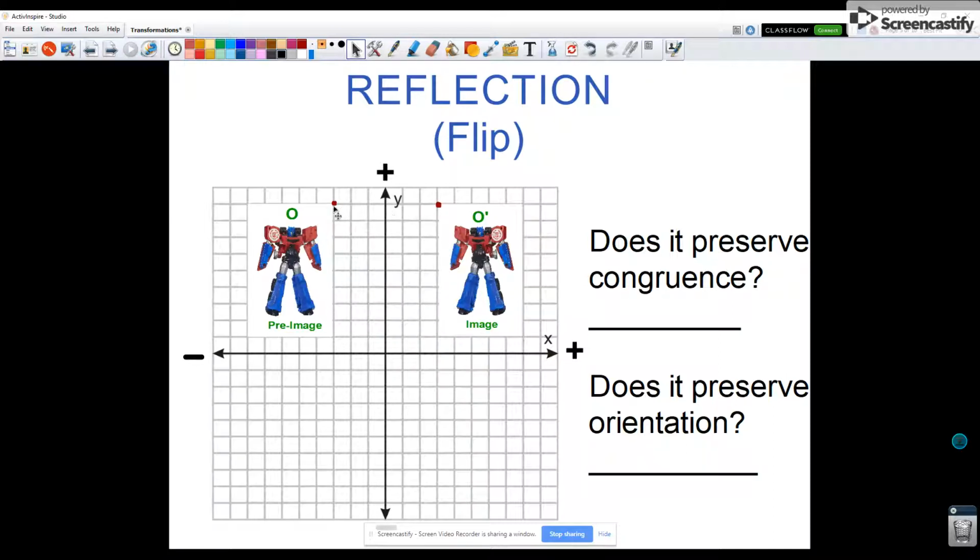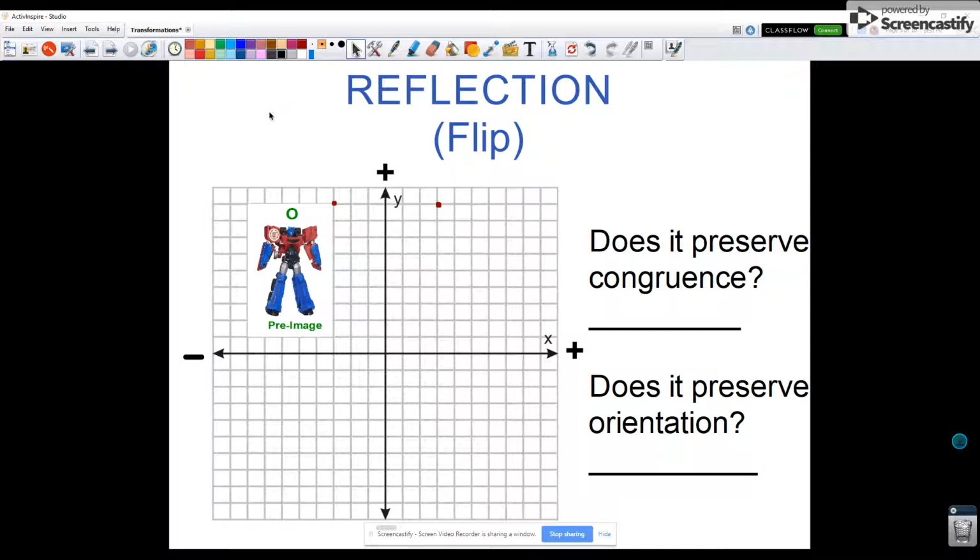It's equidistant on both sides. It's very obvious if you look at the sticker on Optimus's right shoulder, we can see that it's 1, 2, 3, 4, 5, 6, 7 units to the y-axis and equidistant on the opposite side. 1, 2, 3, 4, 5, 6, 7 units over the y-axis.